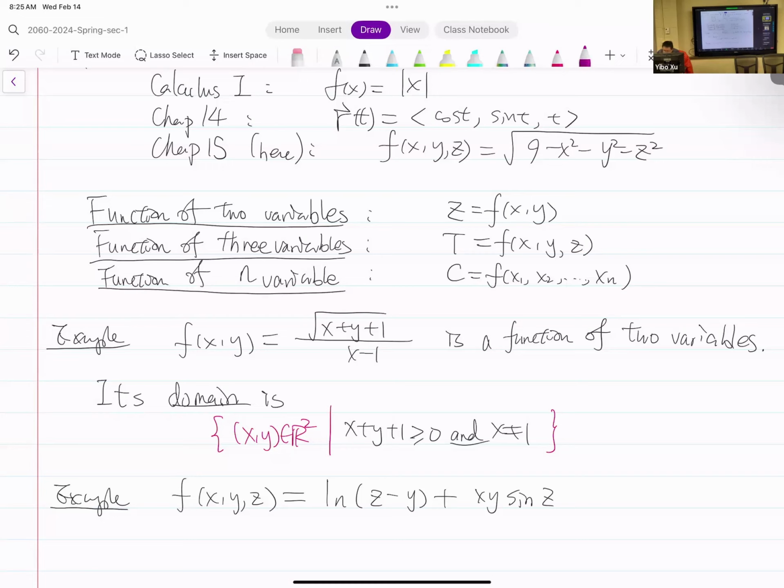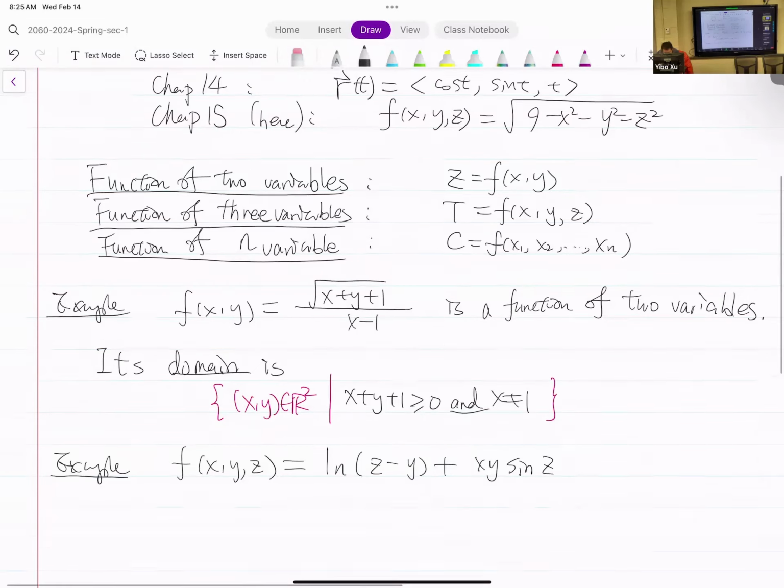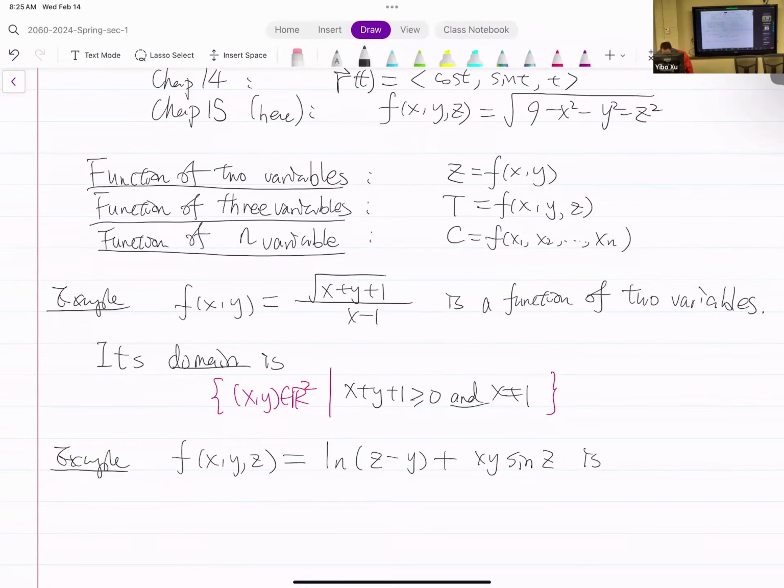Basically, when you're calculating the output, we have x times y times the sine of z, and then we add the natural log of z minus y, right? So the calculation is not so difficult. So this is a function of 3 variables.